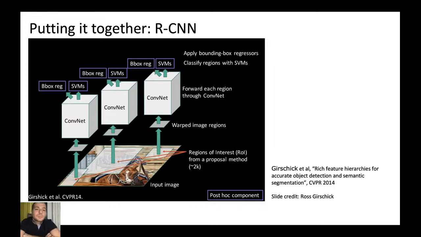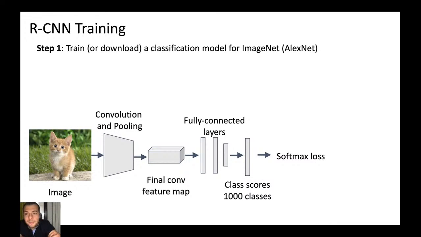Here the convolutional network is pre-trained on ImageNet, and these SVMs and regression layers are fine-tuned for the object detection task. This was proposed at CVPR 2014, and the paper is called Rich Feature Hierarchies for Accurate Object Detection and Segmentation. In the training of the RCNN model, RCNN stands for Region-Based Convolutional Neural Network.